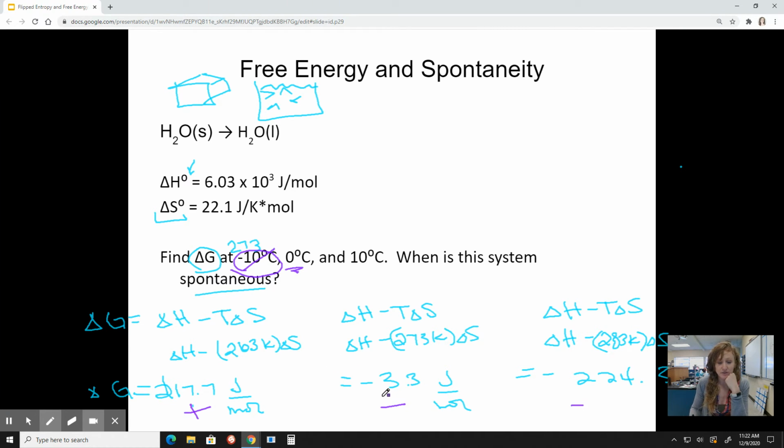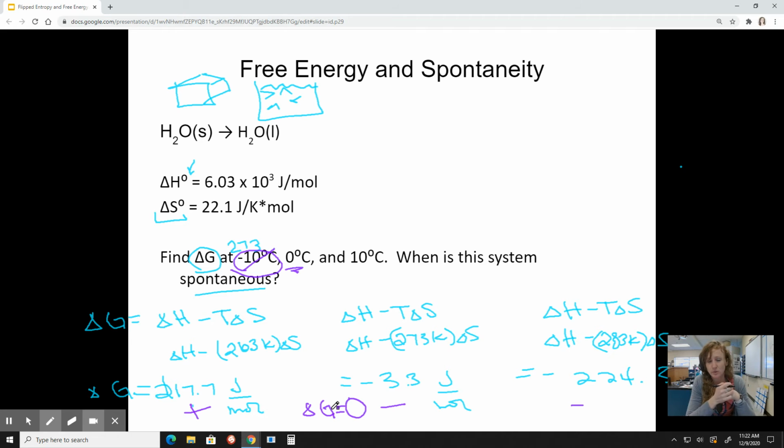Now it is negative. I don't know, significant figure-wise, if it's supposed to come out as negative or not. At 0 degrees Celsius, we might assume that delta G would be equal to 0. And if that were so, then the system would have no tendency to occur in either direction.